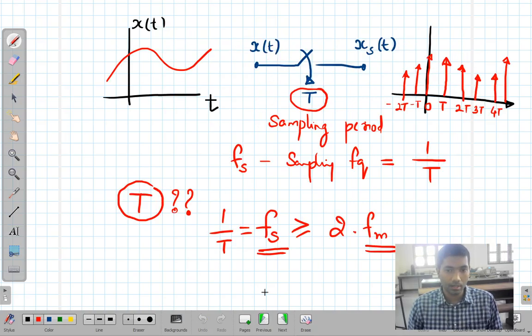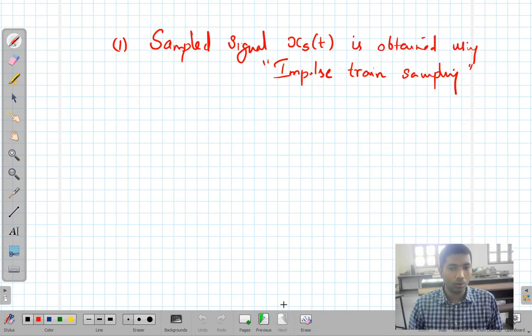In the previous page, I used a switch to get the sampled signal from the original signal. This closing of the switch after each sampling period, capital T, can be thought of as an impulse train. I'll draw it and try to explain it further.